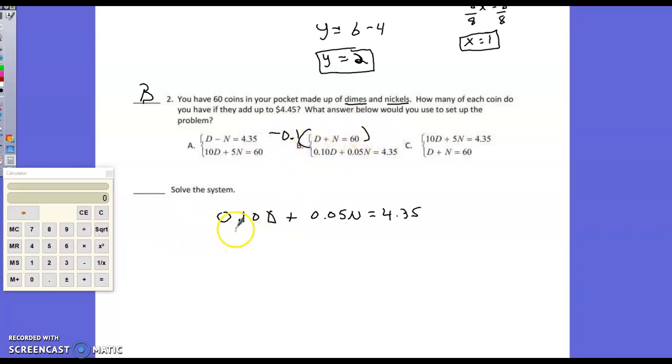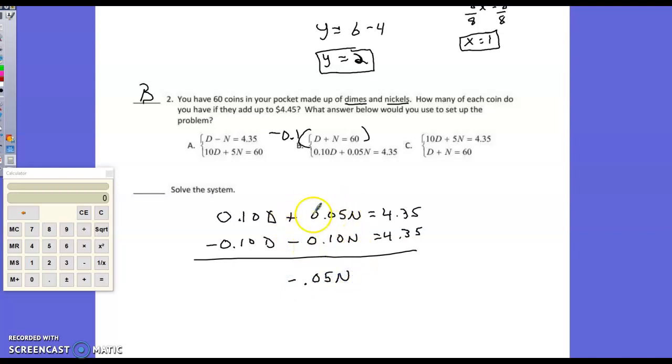So when I multiply that through, I'm going to have a negative 0.10D minus 0.10N equals negative 6. We're going to then add those together. The D's cancel out. This will become negative 0.05N. Again, use your calculator to do that. 0.05 minus 0.1.